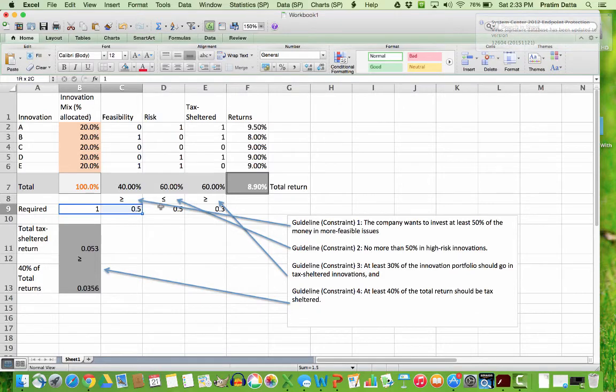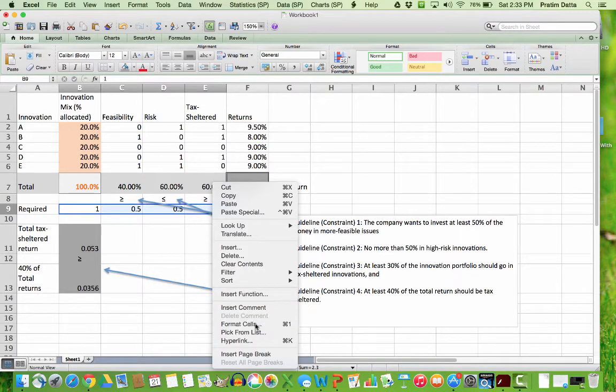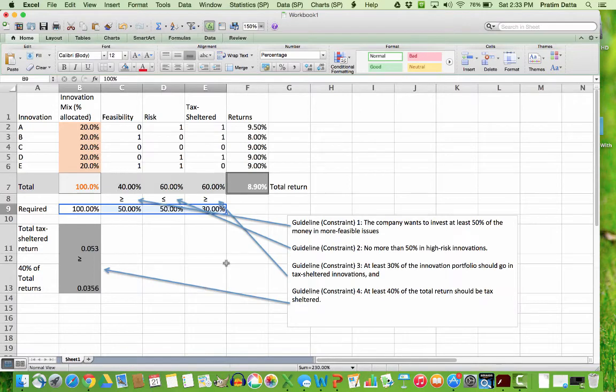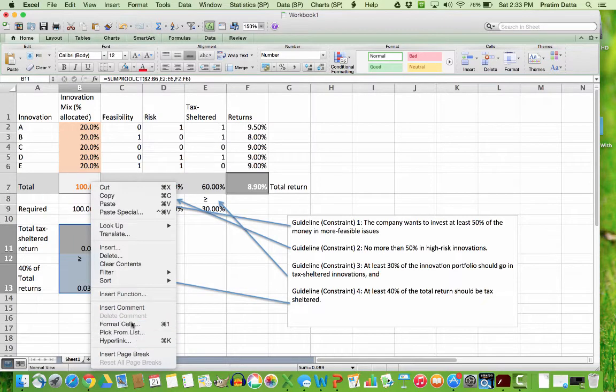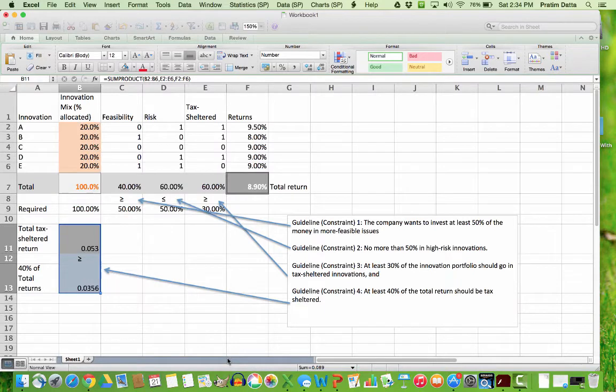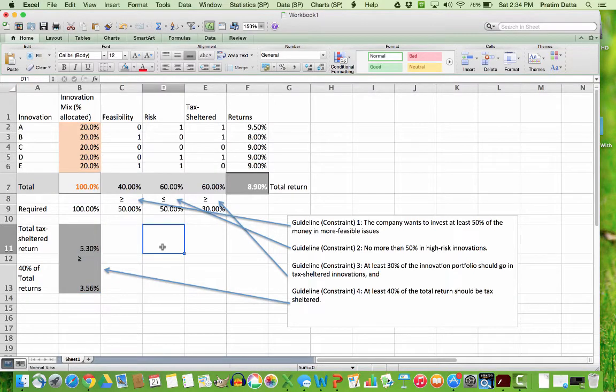Same here, we keep everything in percentages, and where is percentage? There, we've got it there. Same here, format cells, percentage, and there you go.